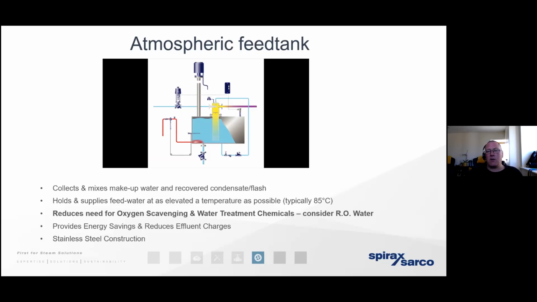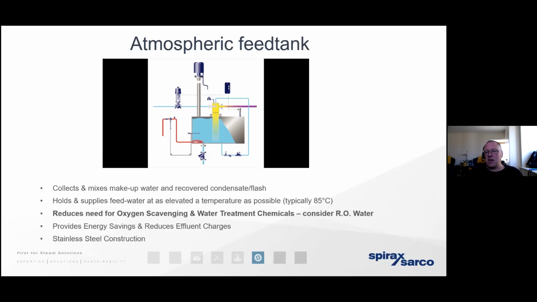This is where we recover all of that valuable hot condensate too, typically with the aim of keeping the water at a temperature of roundabout 85 degrees. The benefit being, if we're putting hot water into the boiler, it's going to respond more rapidly whenever there's a demand for steam. We get less thermal shock on the boiler. It also means that we need to consume far, far less fuel whenever we need steam.